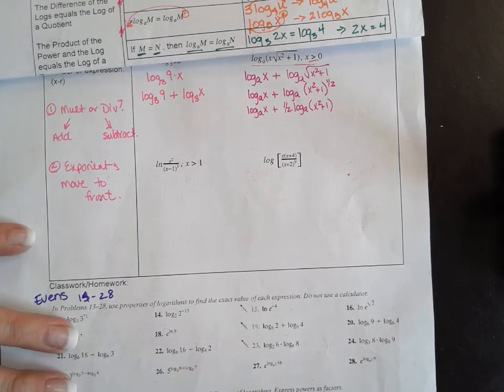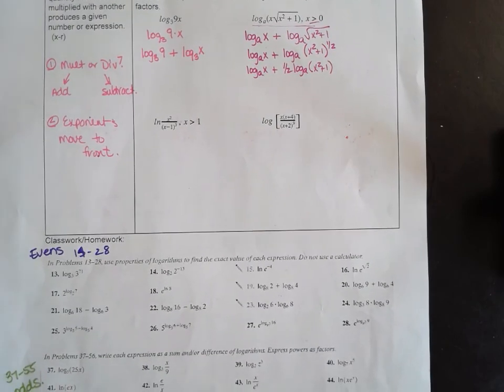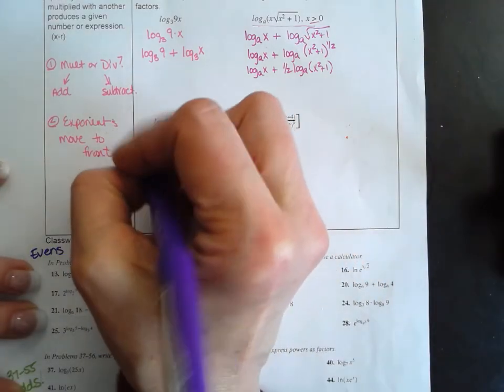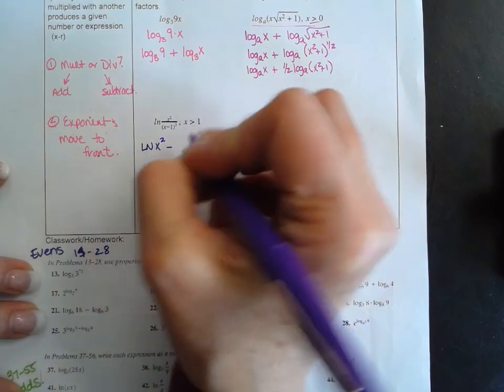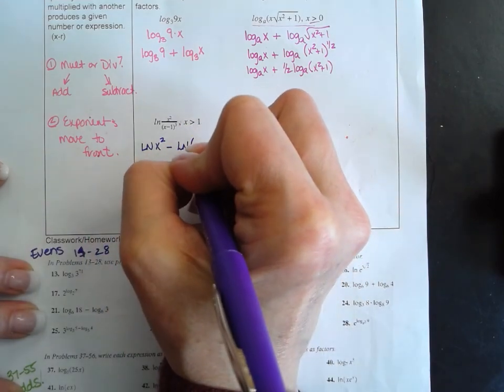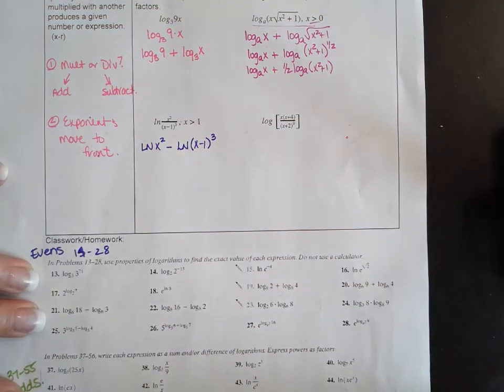Alright, in my third one, what do I have going on? Division. So I have ln of x squared minus the ln of x minus 1 cubed. Do I have any exponents going on?